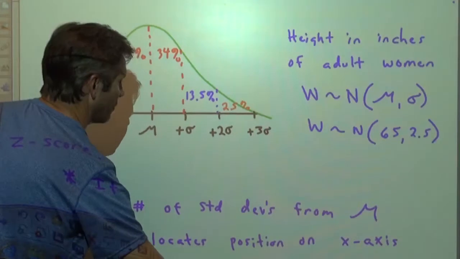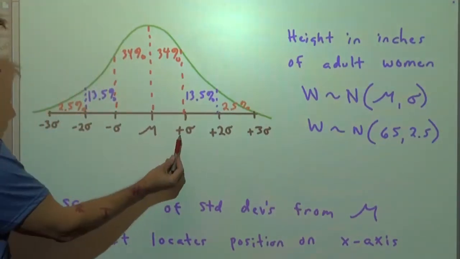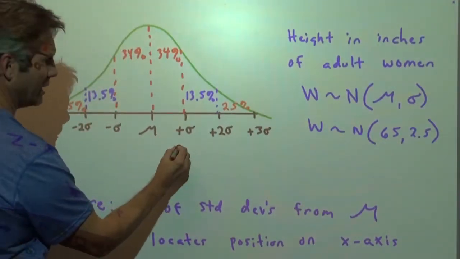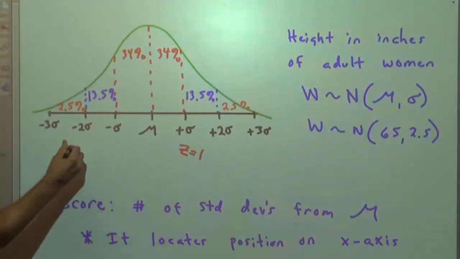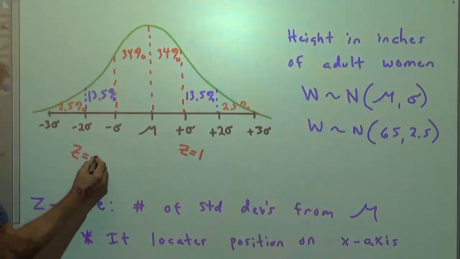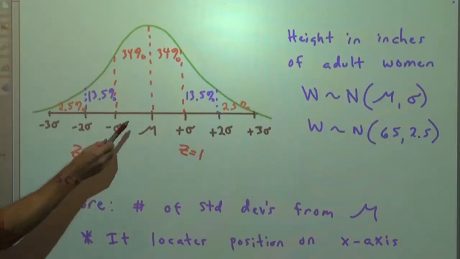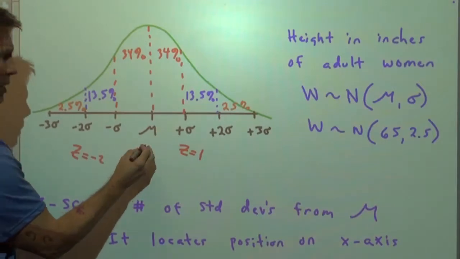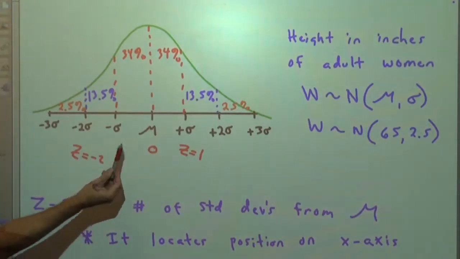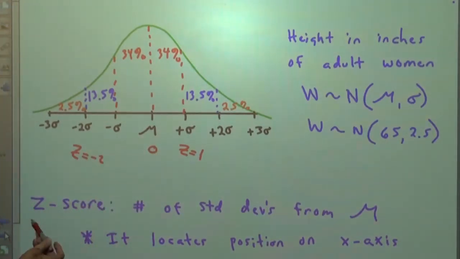So for that reason, if we go here at 1 standard deviation above the mean, this is a Z-score of 1. If we're 2 standard deviations below the mean, this is a Z-score of -2. A woman who's exactly as tall as the mean, which is 65 inches, would have a Z-score of 0 because she is 0 standard deviations away from the mean.